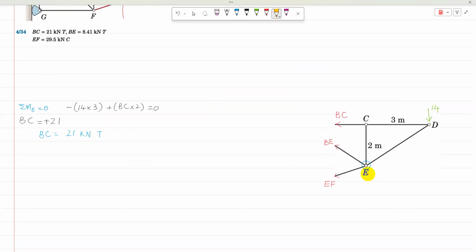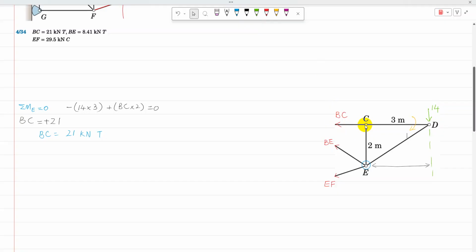Taking moment about point E, there are two forces: one unknown, BC, and the other one is 14. The line of action of 14 acts somewhere there, and the perpendicular distance is 3 meter, and that 14 is going to produce moment in the clockwise direction. The other one is BC.